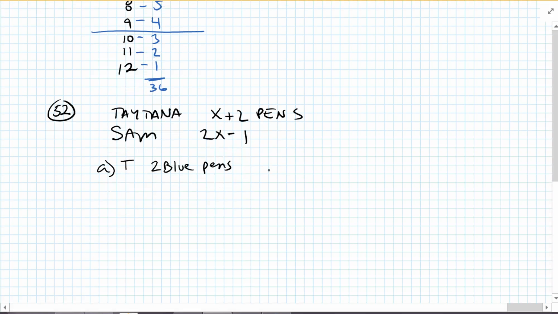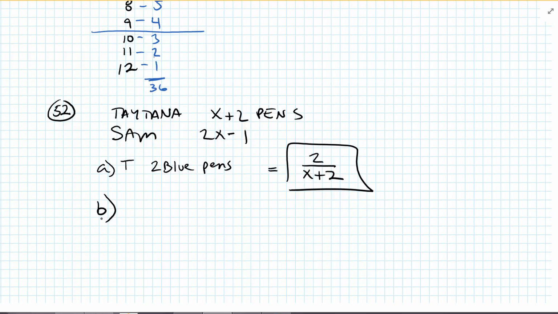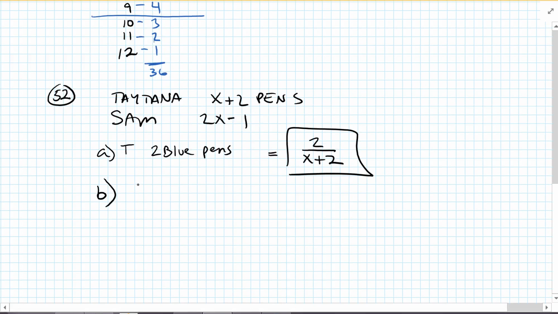So if she has X plus 2, her probability would be 2 over X plus 2. That would be her probability for 52A. 52B says this: Samuel has X minus 3 blue pins. What's the probability he pulls out a blue pin at random? So this would be X minus 3 over 2X minus 1. Easy enough.